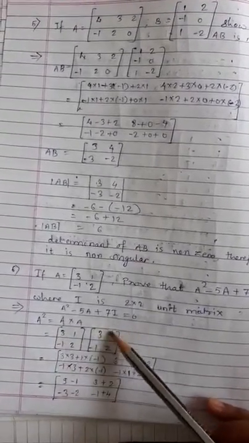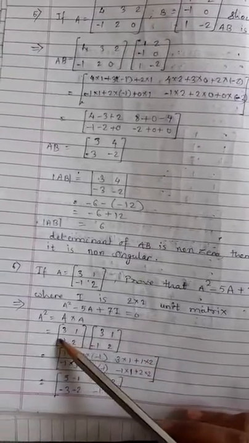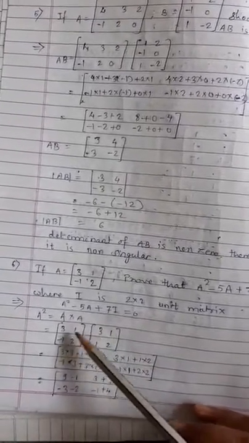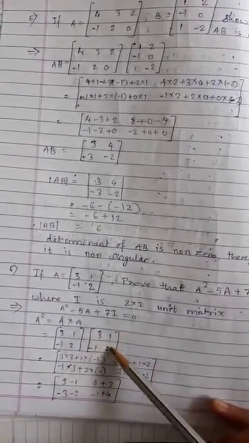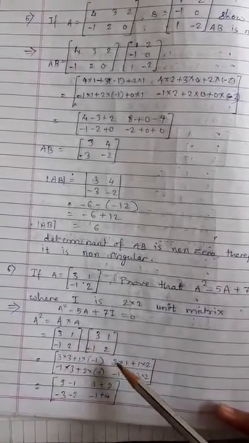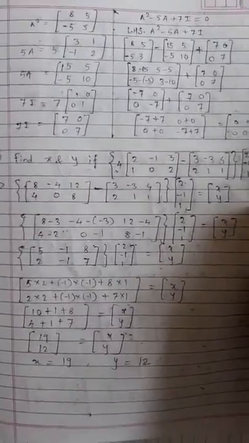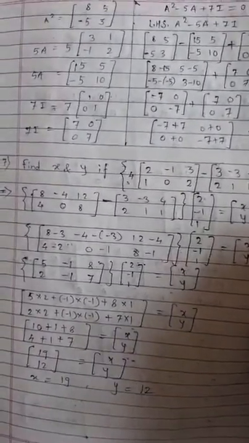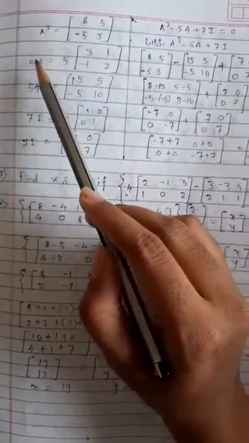Now first row second column, 3 into 1 plus 1 into 2. Now second row first column, minus 1 into 3 plus 2 into minus 1. Second row second column, minus 1 into 1 plus 2 into 2. So after calculation, A square will be [8 5; -5 3].